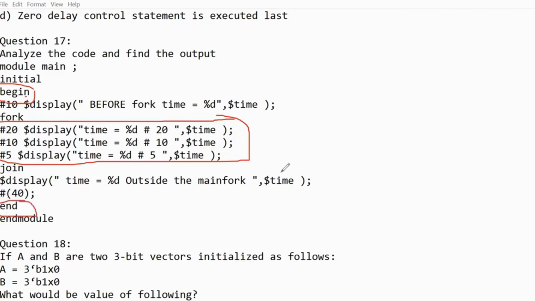Within the begin end, first the begin end will be executed, right? In begin end, all the statements will execute serially. So which statement will execute first?